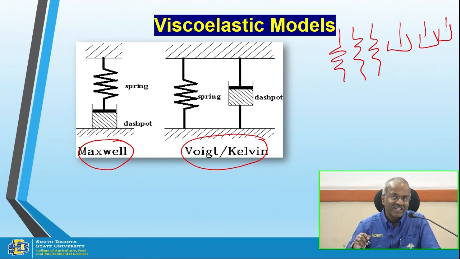Non-Newtonian fluid, that's not the case. Make sense? So when you combine the spring and dashpot together, elastic and viscous component together, we do not know how many dashpots, how many springs your material will hold. So depending upon how accurately you want to model your food material, that many components you need to include.